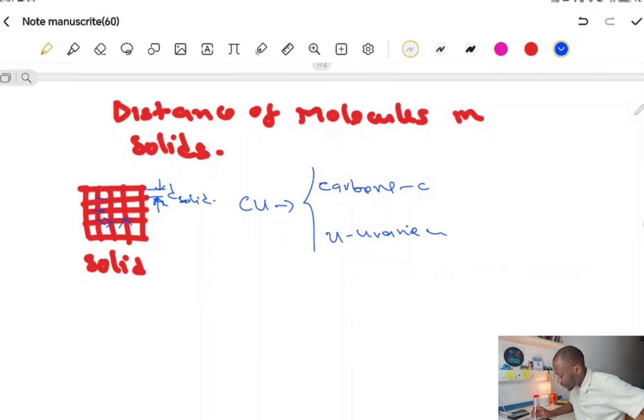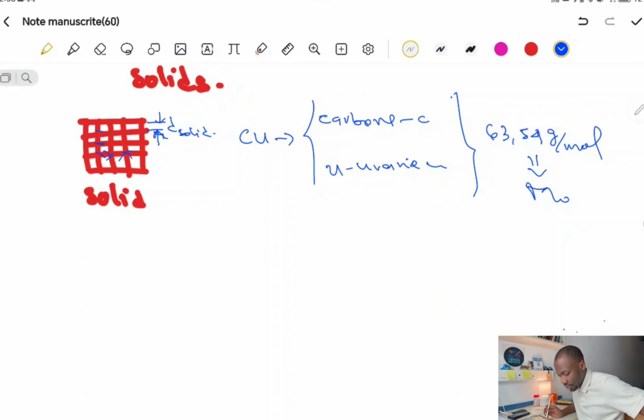Okay, and the molar mass of copper is actually 63.54 grams per mole. That's the molar mass of copper.